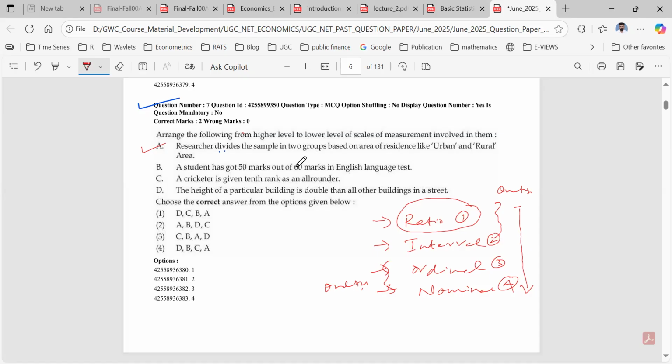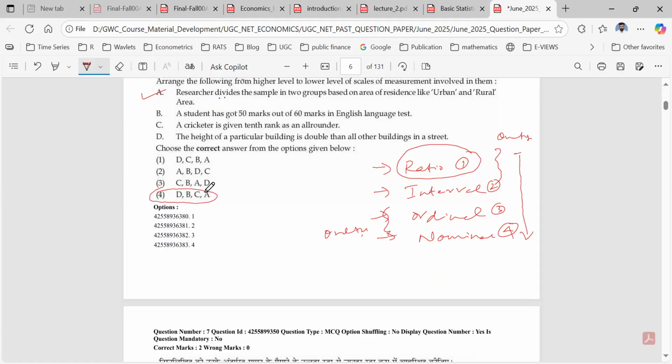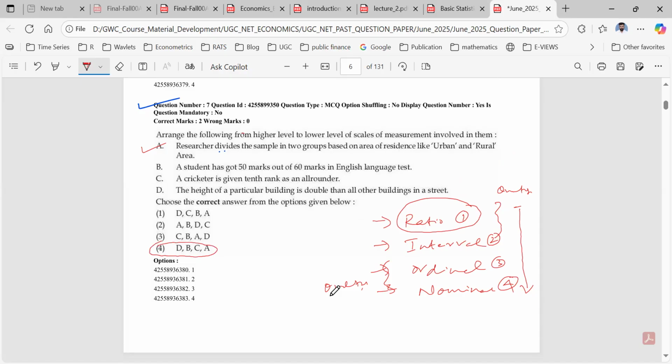So actually the answer will be option 4, D, B, C, A. You are saying earlier it is 3, C, B, A, D, right? No, sir, I said that C will be in third position, ordinal scale. Okay, then you are correct.